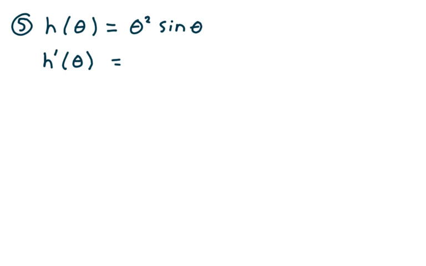You're taking the derivative with respect to theta this time. So I'm going to write down the first function, which is theta squared. And I'm going to take the derivative of the second function. So in other words, I'm going to take the derivative of sine theta with respect to theta, which is equal to cosine theta.